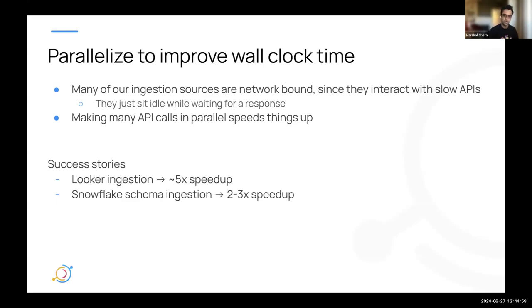Looker and recently Snowflake schema ingestion both do this, and they've both seen fairly large wall clock time speedups. And CPU utilization for both of these also tends not to be at 100%. So we could actually crank the dial up even more, but unfortunately the source systems tend to have rate limits, and so we're pushing up against their limits, but the framework is not inducing any limits to the speed of the run.